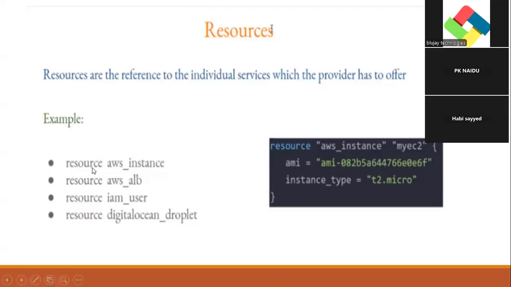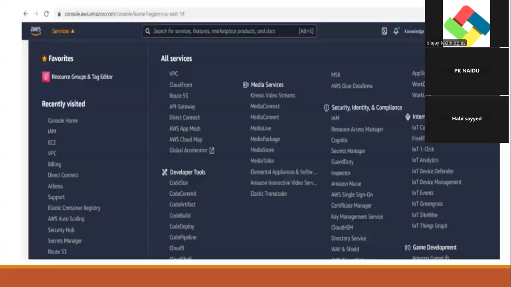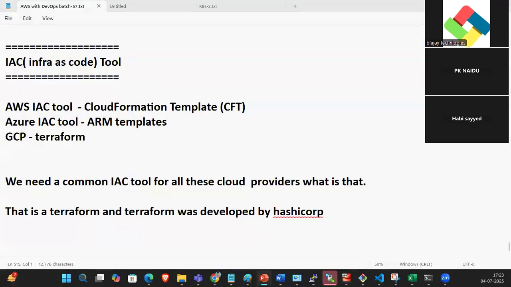So what are those resources? AWS instance, ALB, IAM user, DigitalOcean. The resource type and the resource name are given in the resource block. Okay, guys, understood? Yeah.